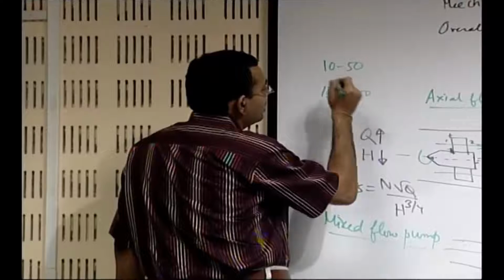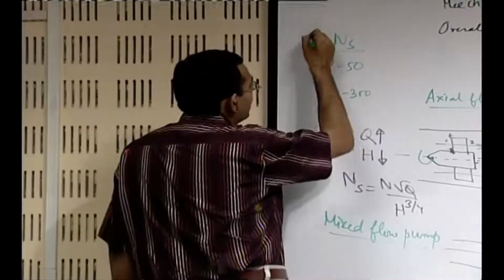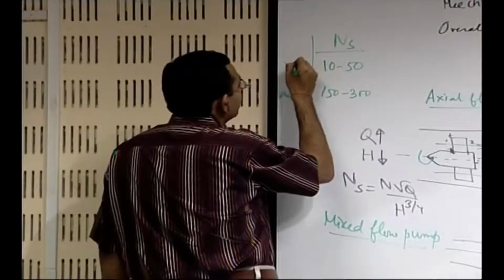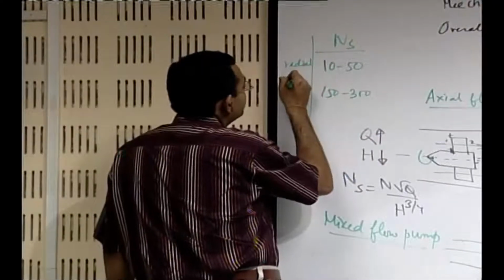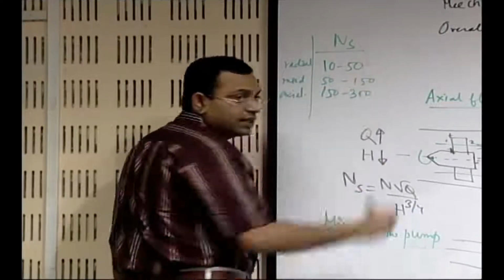So this is axial, this is radial, and mixed flow is in between, roughly between 50 and 150.